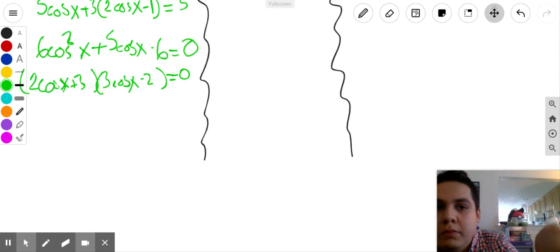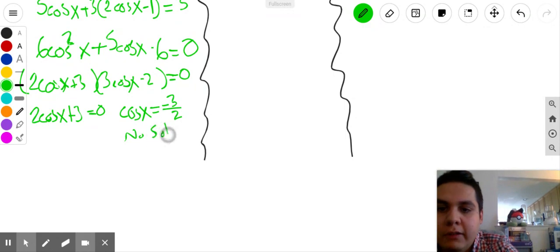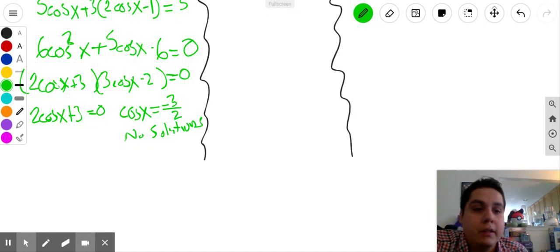So 2 cosine of x plus 3 equals 0, meaning that cosine of x should equal negative 3 halves, which means no solution because cosine produces values between negative 1 and positive 1, including negative 1 and positive 1.